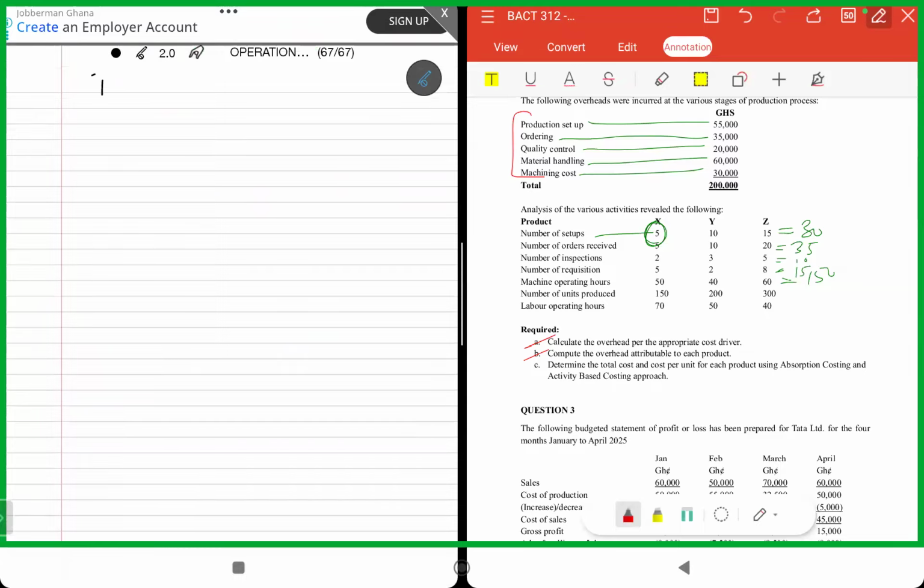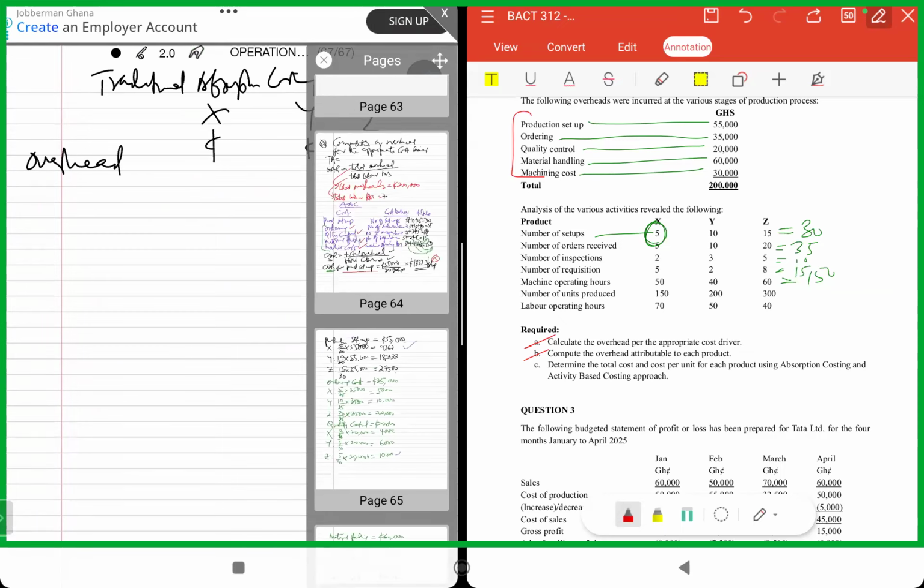So, traditional absorption costing. We have X, Y, Z. What was the OAR we computed for the traditional absorption costing?